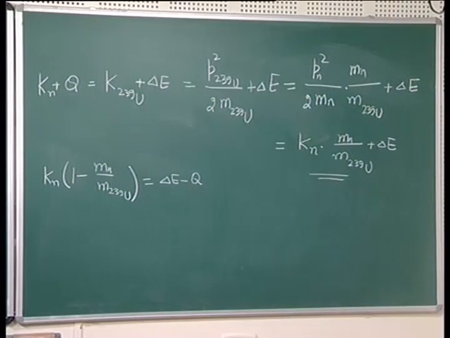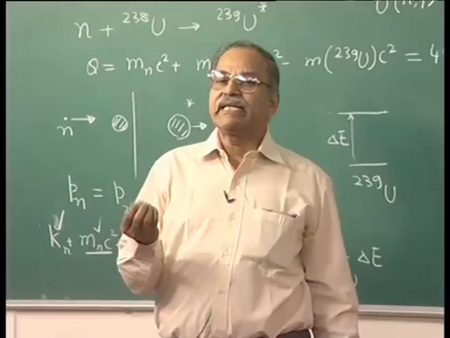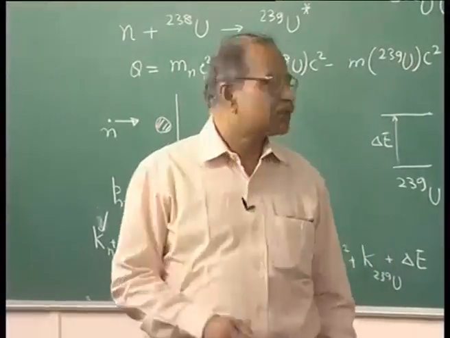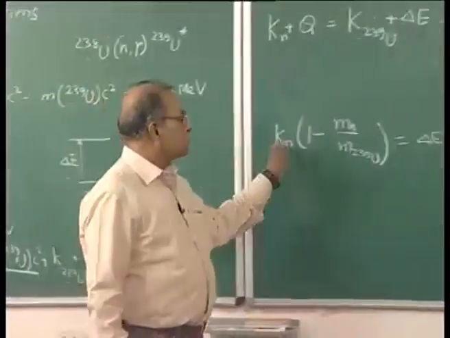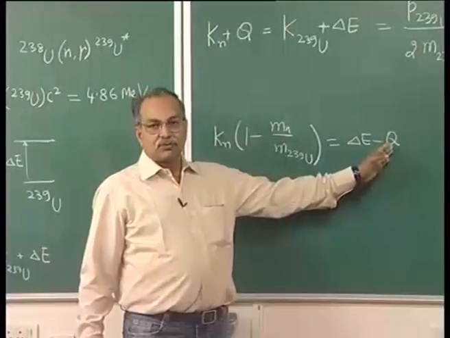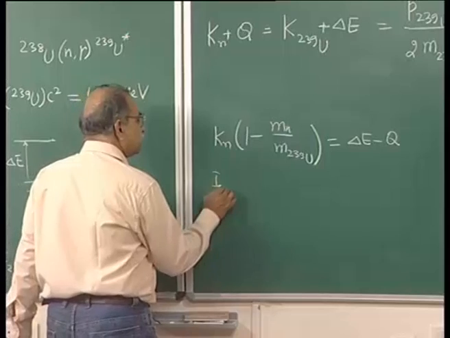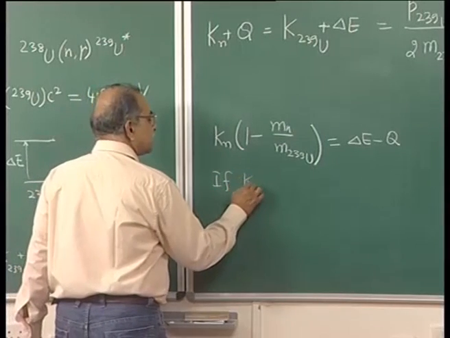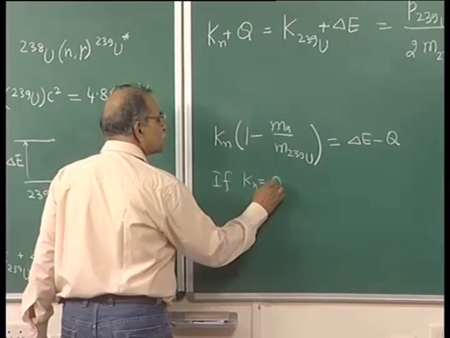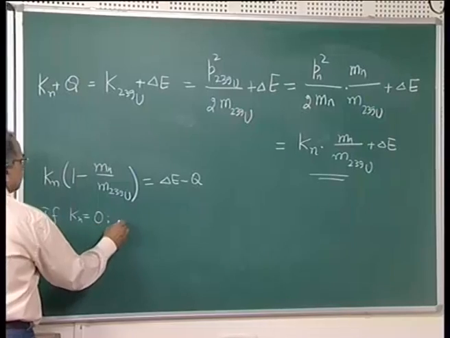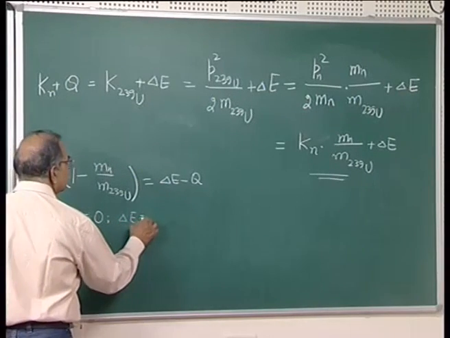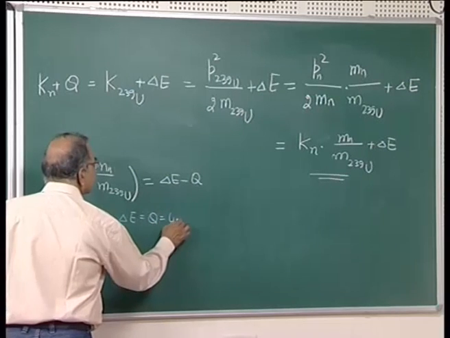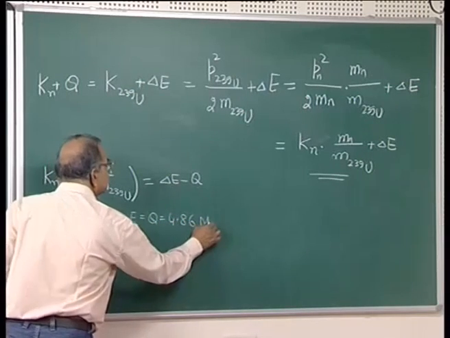Okay. So, if you send a neutron with almost negligible energy, K_n close to 0, then delta E is equal to Q. So, if you just send a neutron with almost 0 energy, then delta E will be equal to Q, and that will be 4.86 MeV.